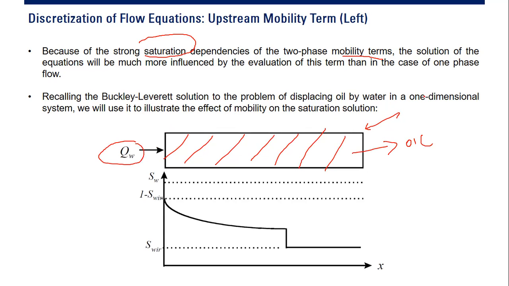On the vertical axis, we have water saturation. This is the Buckley-Leverett method. And on the horizontal axis, we have X, the length of the rock.